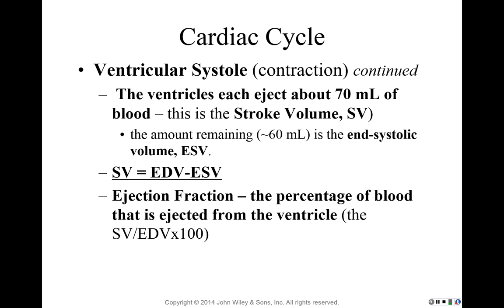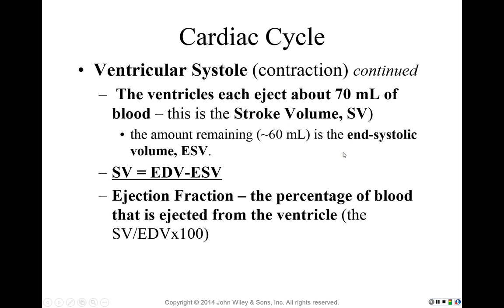So the stroke volume is the amount of blood ejected with each beat, or each contraction of the ventricles. So, like I said, approximately 70 milliliters gets out with each normal average heartbeat, or contraction of the ventricles. So, in ventricular systole, we expect about 70 milliliters to get out.